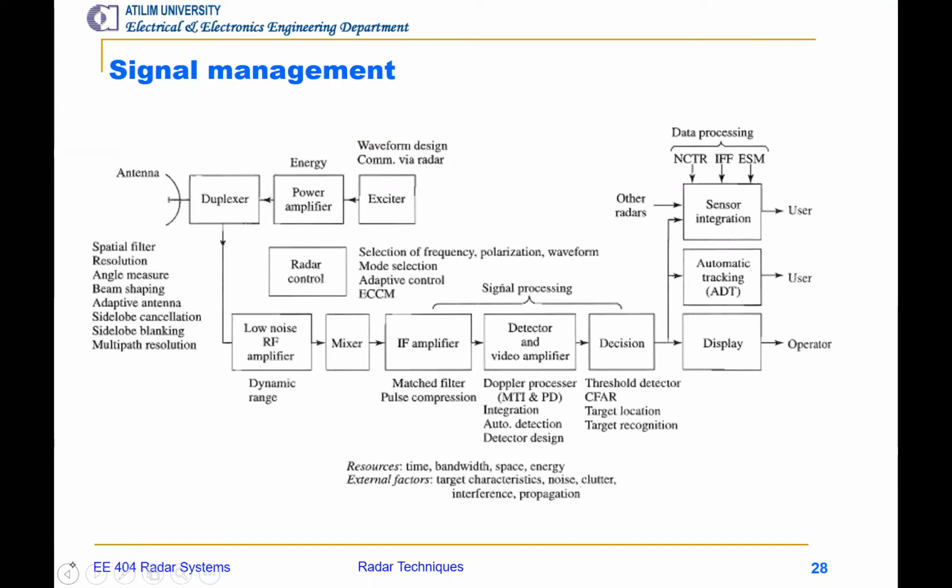It's about signal management. There's an overall picture of a radar system, and we have processes. In the last lesson, we'll be talking about signal processing. So in this block, we actually talk about the IF amplifier, which was somehow the matched filter, and then we got the detector and decision stage.